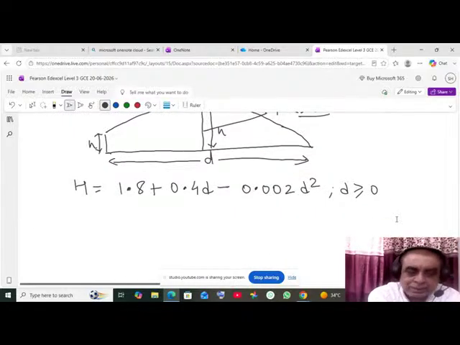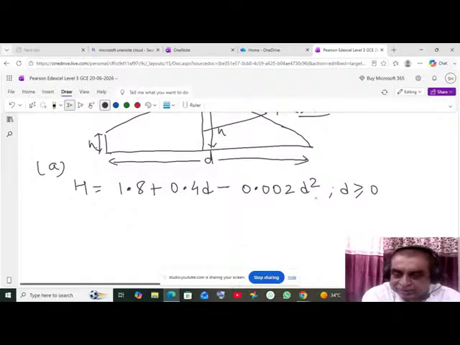Now see here, the a part I am doing. When the arrow hits the ground, suppose the horizontal distance is at the point where the arrow is hitting the ground.